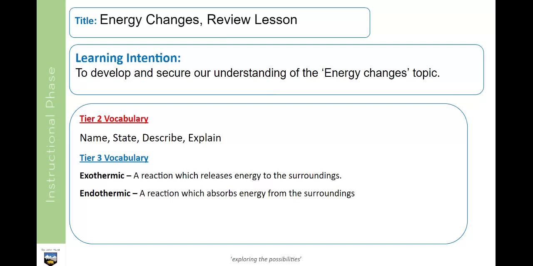So two types of reaction, exothermic, endothermic. Thermic referring to heat, exo to give heat out. Exothermic, a reaction that releases heat energy. Endothermic, a reaction that takes in heat energy from the surroundings.